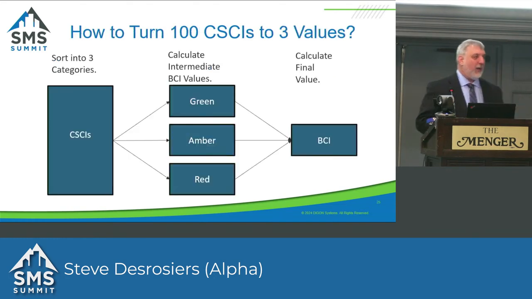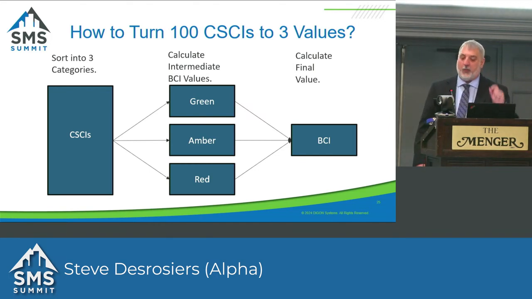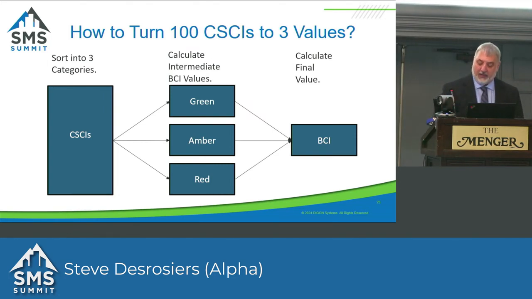So now how do I turn 100 or more CSCIs into 3 values? Well, you've got to use a computer because nobody wants to do this by hand. So you take all your CSCIs and you group them up into 3 groups: the greens, the ones that help both; the amber, the ones that hurt BCI; and the red, which are the ones that hurt both. And you calculate 3 intermediate BCIs.